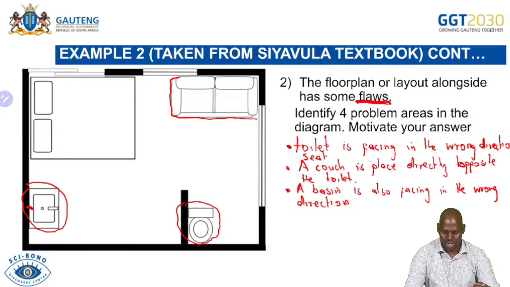Okay, so now we've got 3 problem areas. What is the other problem area that you see there?